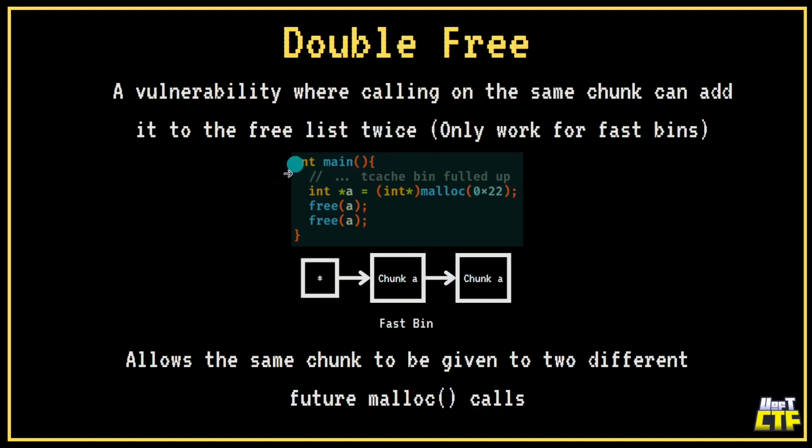So essentially, what you do is you malloc something, but then you free it two times. And so the first time you malloc, you get this chunk, and the second time you malloc, you also get this chunk. So you have two pointers to the same chunk. And so that causes the same issue as a use after free.